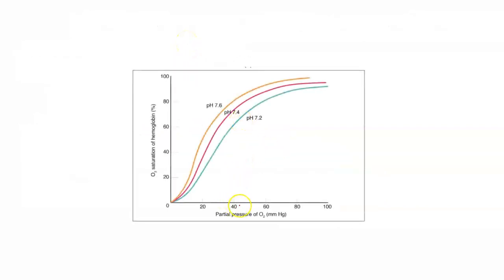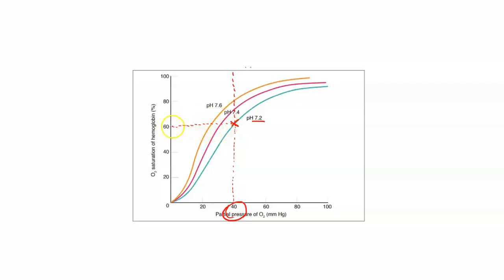So, for example, let's say you're assessing the partial pressure of oxygen at the level of the tissues where the blood is going. The curve shifts depending on the pH. See this? So at a pH of 7.2, this is an acidic pH. At a partial pressure of 40, you would have only about 60% hemoglobin saturation, meaning only about half of the chairs have oxygen.